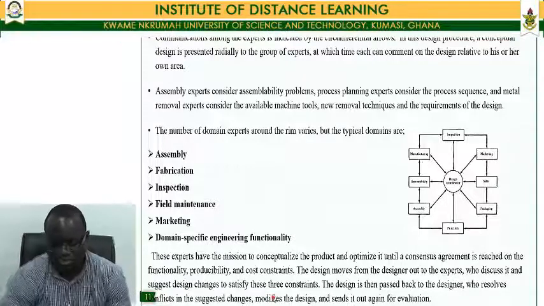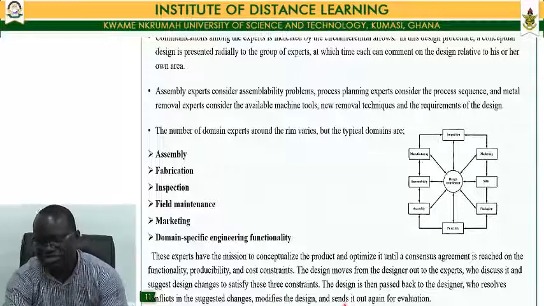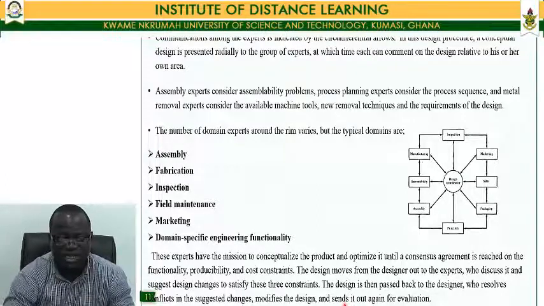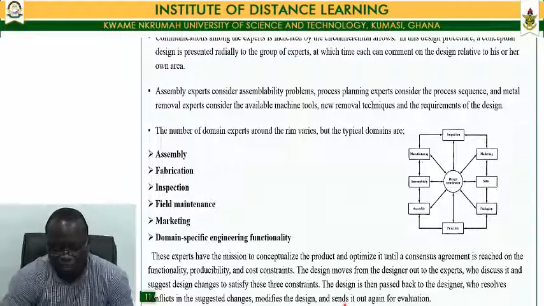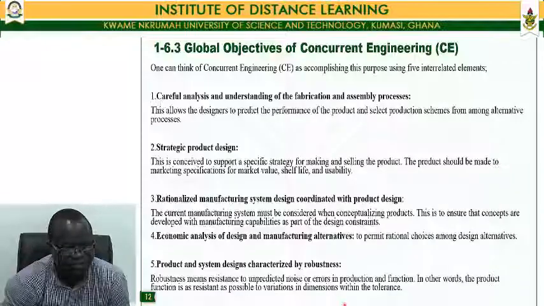Then the design is passed to the designer, who resolves these conflicts, modifies the design, and sends it out again for evaluation. So this process continues in a cyclic manner, and it's like it's going around the wheel, because all the domain experts will have to be in the know of what is happening.